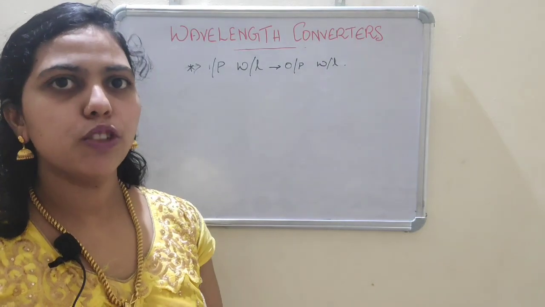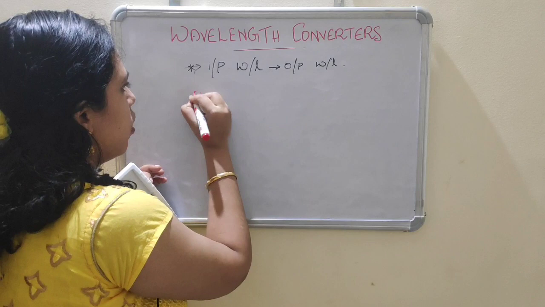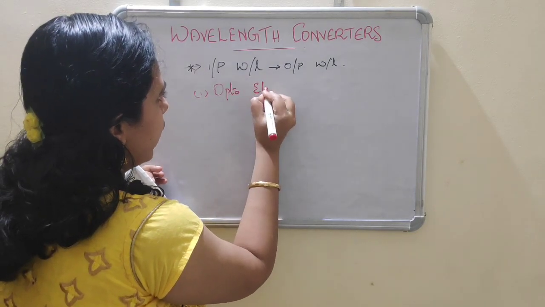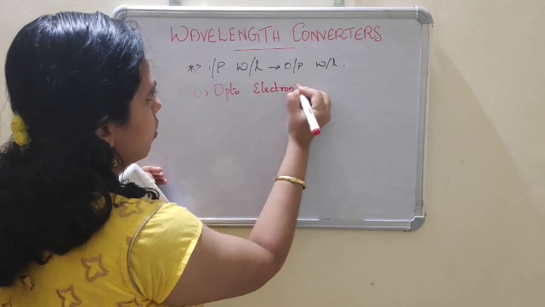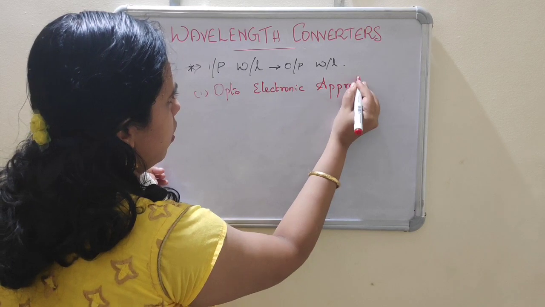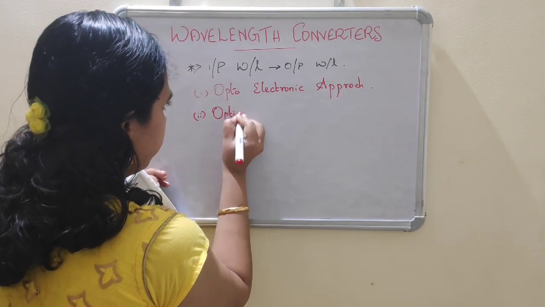There are 4 fundamental ways to achieve these wavelength converters. First one is the optoelectronic approach. Second one is optical gating.